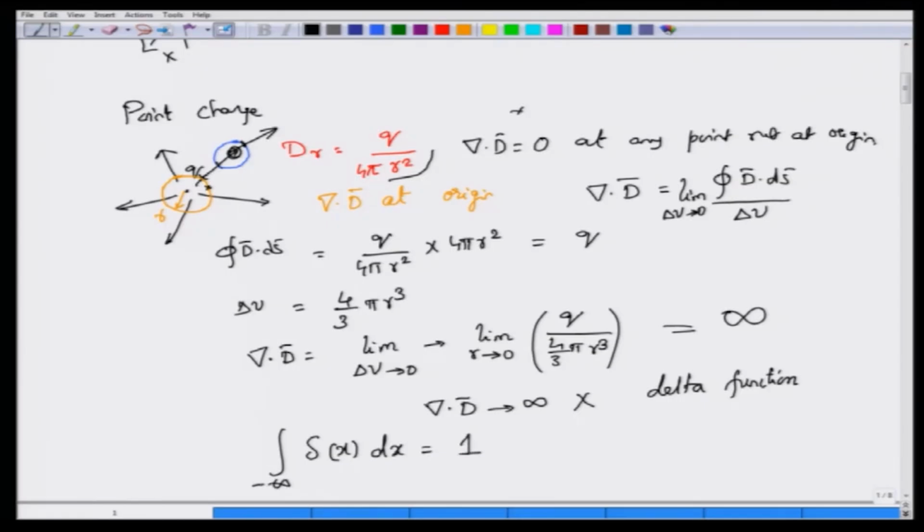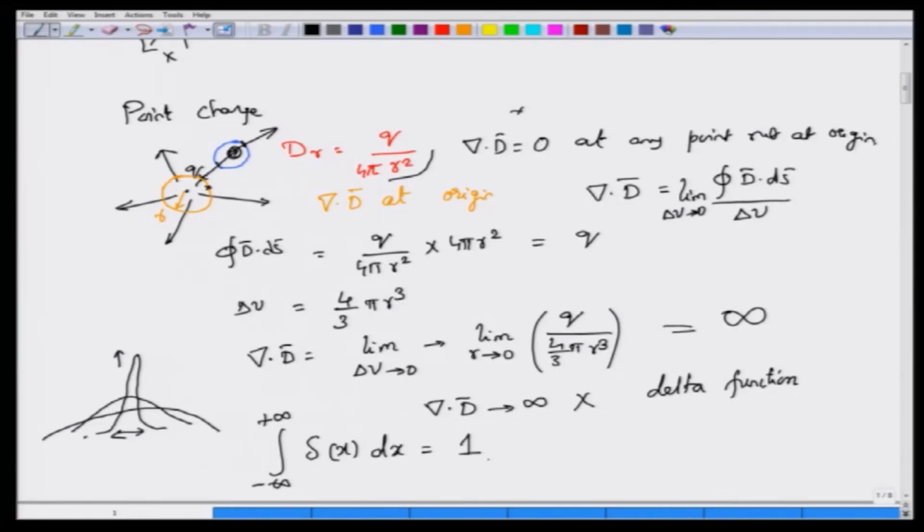When you integrate from minus infinity to plus infinity delta of x dx, it is equal to 1. In practice, you can approximate this delta function by considering pulses of any shape that you want, but their amplitude keeps on increasing while the width keeps on decreasing, so that the area under this pulse or curve would always be equal to some finite value.